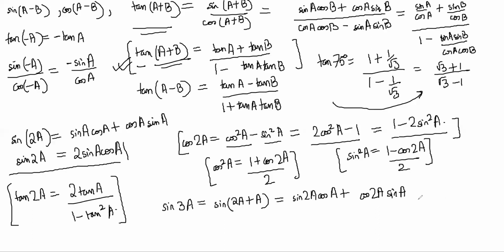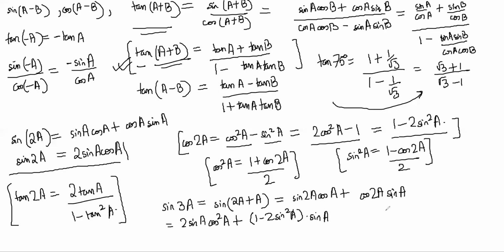So now this one we can simplify. What is sin 2a? It is 2 sin a cos a, so 2 sin a cos square a, plus this can be written as cos square minus sin square, or 1 minus 2 sin square a, into sin a.